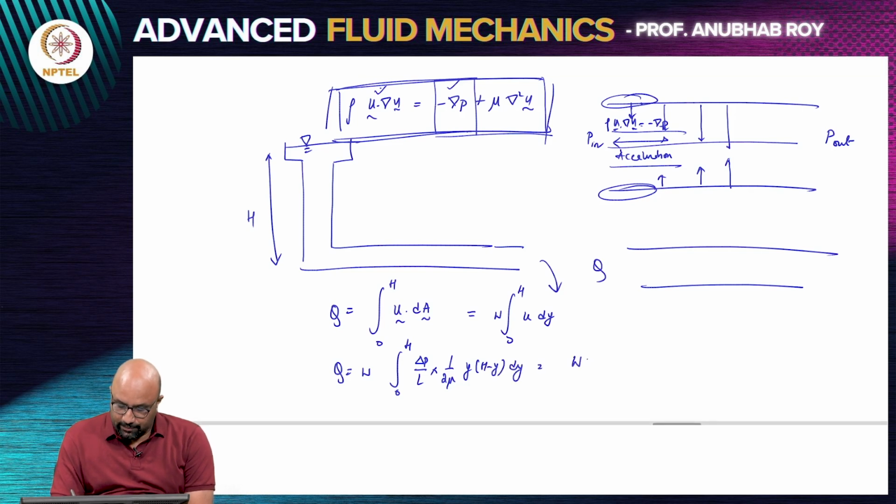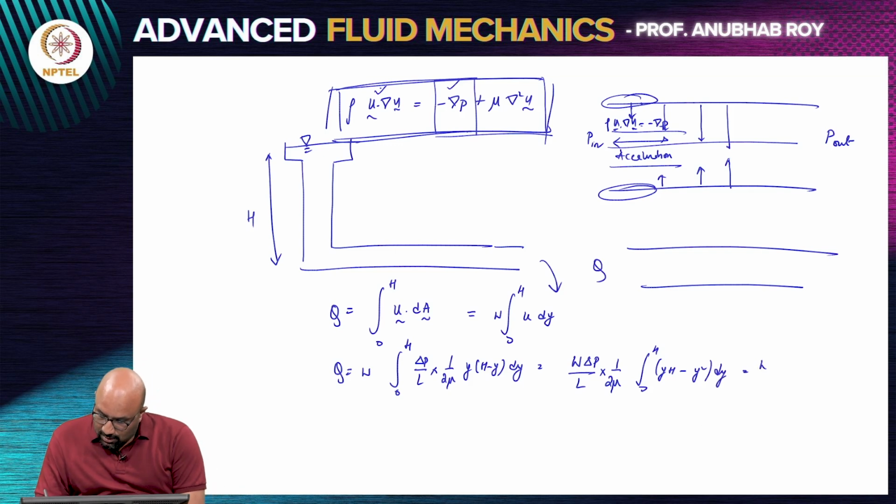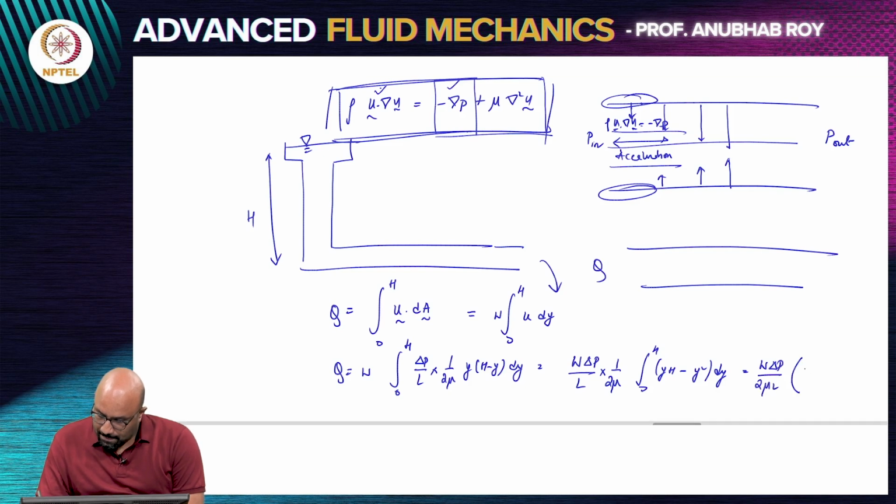So W ΔP by L into 1 by 2 mu, integral from 0 to h of (y h minus y square) dy. So W ΔP by 2 mu L, times (y square by 2 h minus y cube by 3).